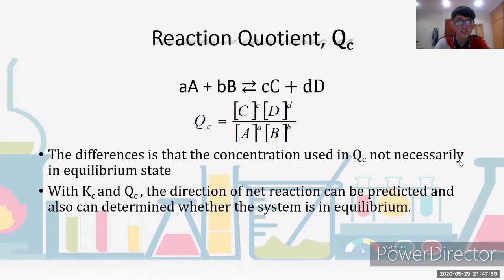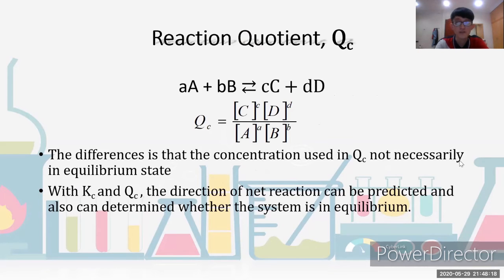There's another concept, the reaction quotient, Qc. It is expressed similarly to Kc, with the difference that the concentrations used in Qc do not necessarily have to be in the equilibrium state.